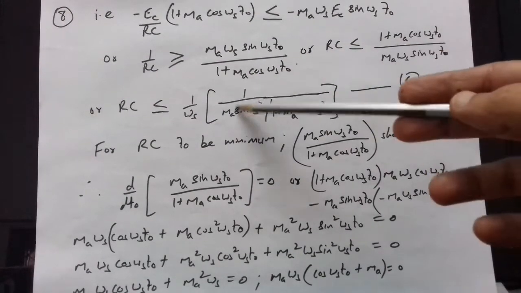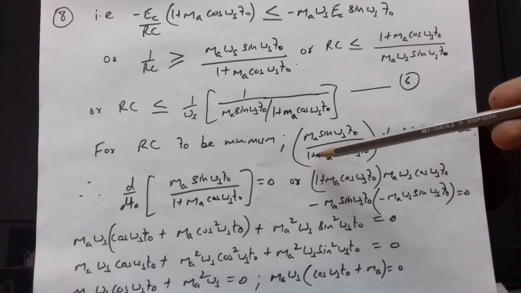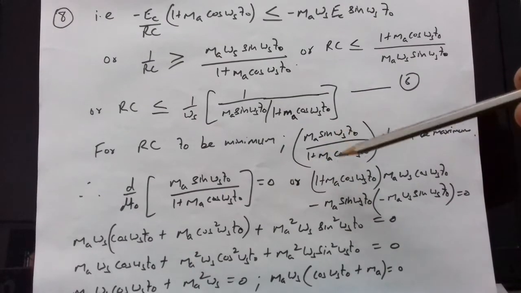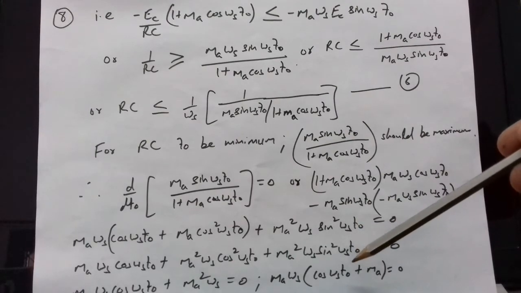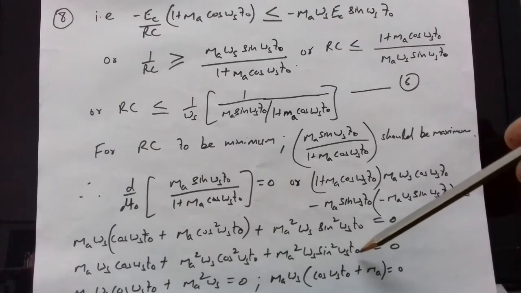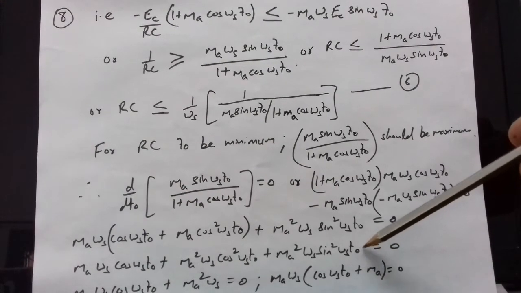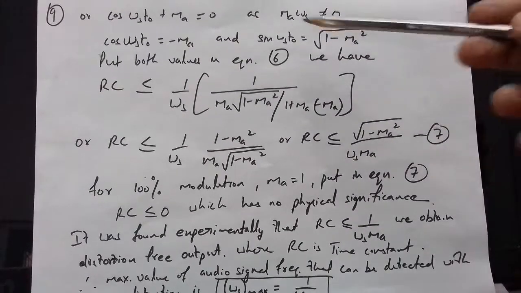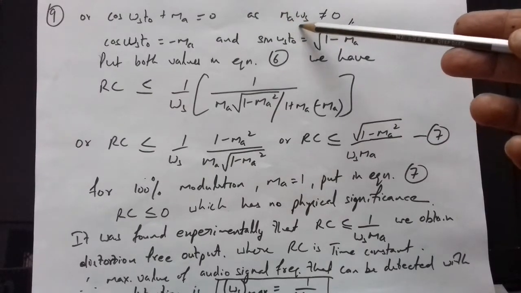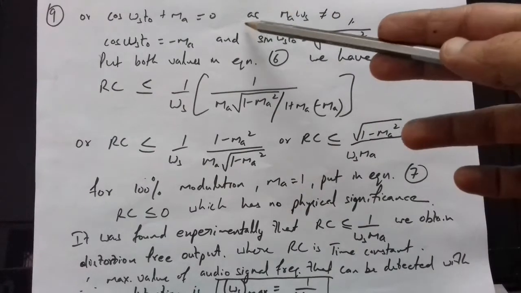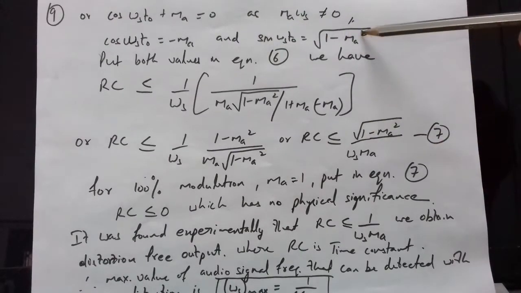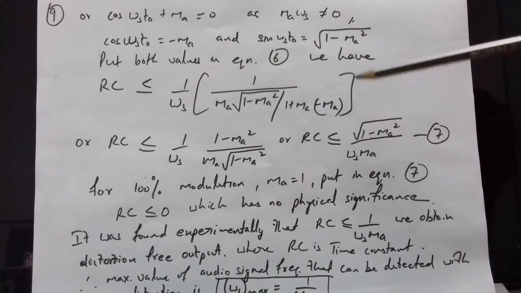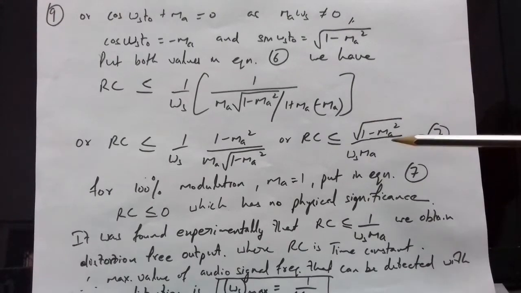From here, by doing some mathematical steps, you can find the expression for the condition for this demodulation. These steps I haven't elaborated much, but I have solved as given in the book. They are not that difficult, and the desired condition is given by equation 7.